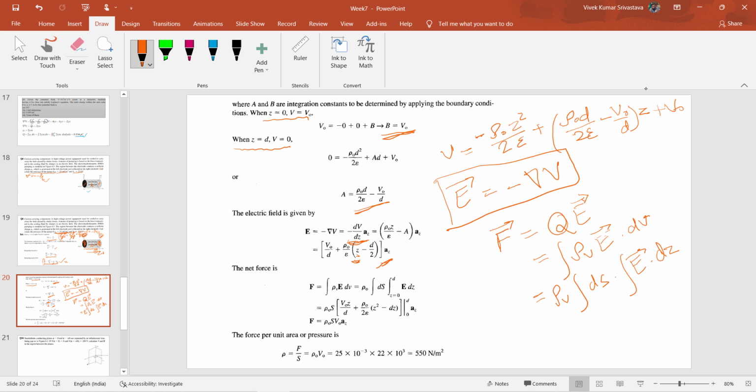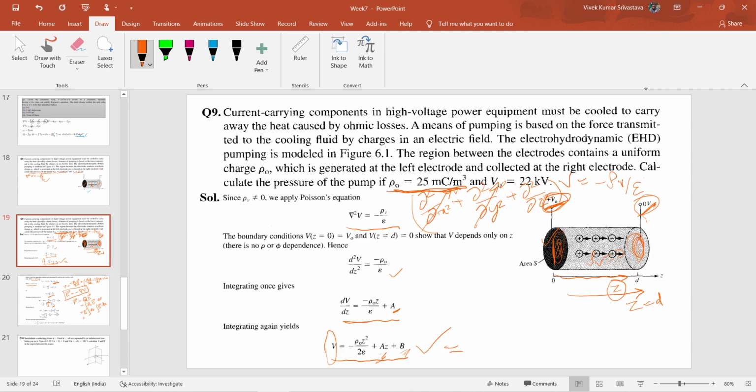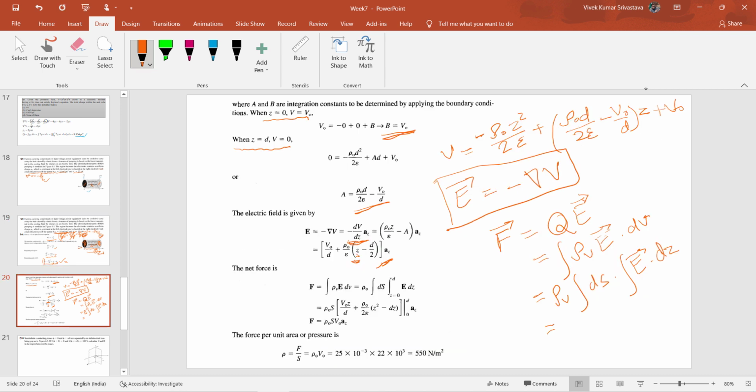So basically I am splitting this dv into ds dot dz because E is only dependent on z. So let us take this ds common here, and as it is given in the question that this area is equal to s, so we can replace this by s, and we can integrate this function with respect to z. Okay, so that's how you can find out.